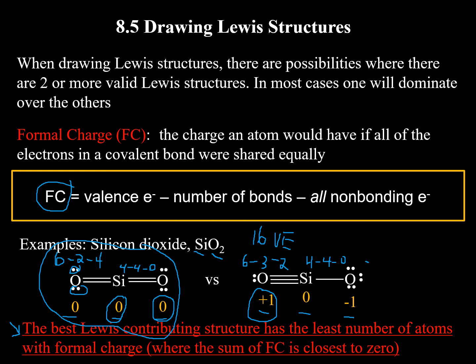And on the right, we have 6 minus 1 minus 6, because there's 6 unbonded electrons, which gives us -1.